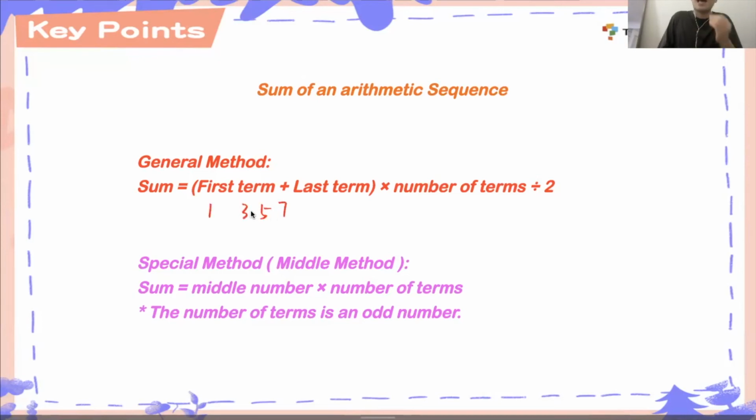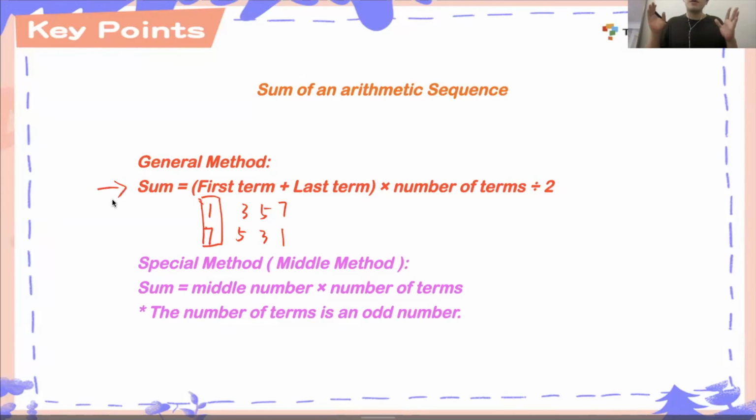And how we have this method is we just list these numbers in an inverse order, right? So that is 7, 5, 3, 1, right? And if we just take two numbers in one column, we will always have the same sum in each column. So that is the reason we have this general method.